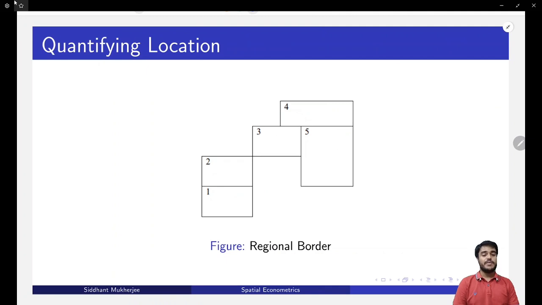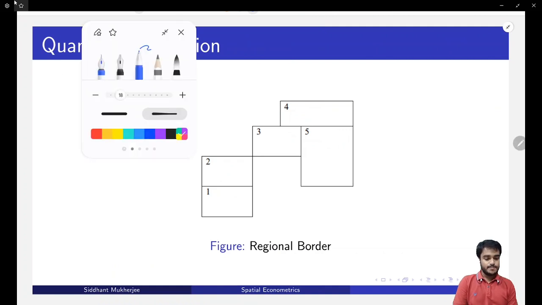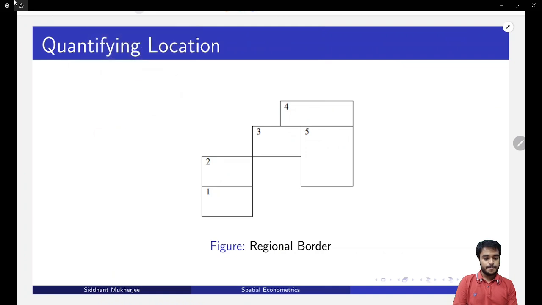And region 5 has a boundary with region 4 and 3. But region 4 does not share any boundary with region 1 or region 2. So how do we quantify the locations? Number one is by distance, and number two is by neighborhood effect.